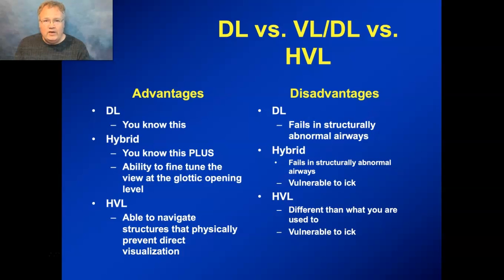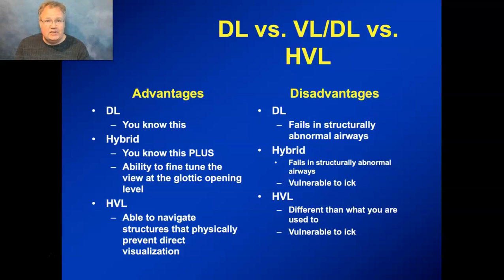There are airways where, either because of anatomy or pathology, the vocal cords cannot be brought into view with three-axis alignment. Either you can't align the three axes, or even with alignment, there are still anatomical structures or pathologic structures in the way.